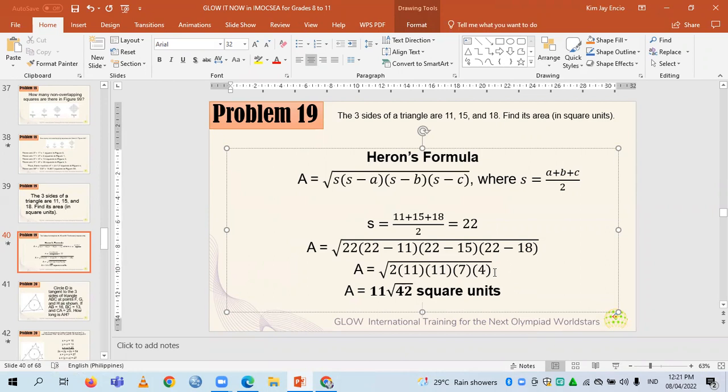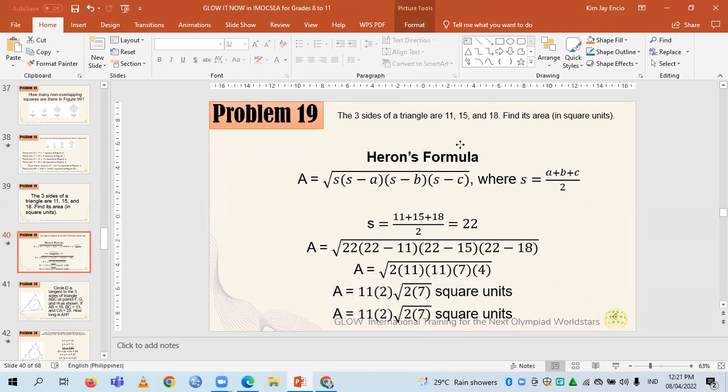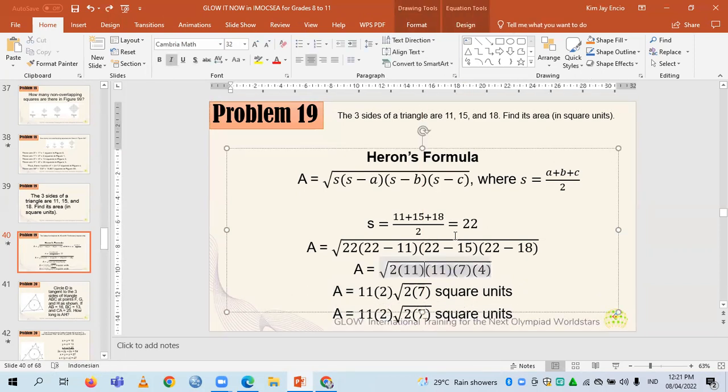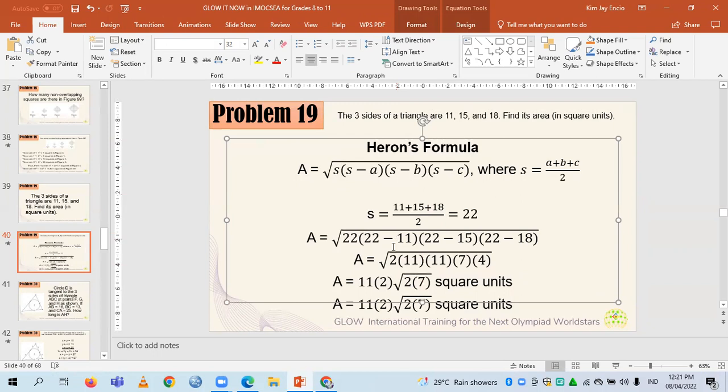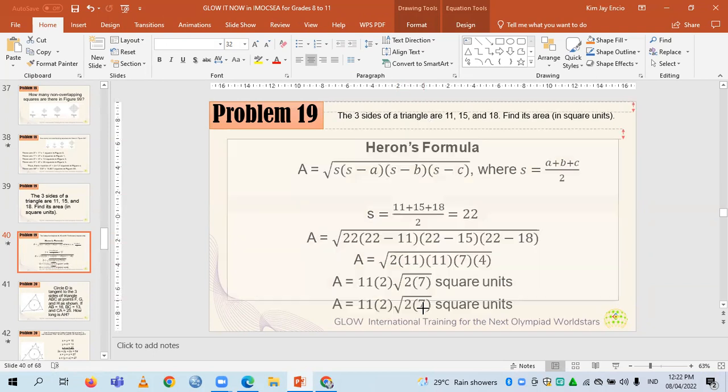And so with such, you could see that we have here 11 squared, so the square root is 11. But the square root of 4 here is 2. So we have 11 times 2. And what is left here is 2 times 7 in the radicand. And hence, this could still be simplified. 11 times 2 is 22, so this should be 22 here.